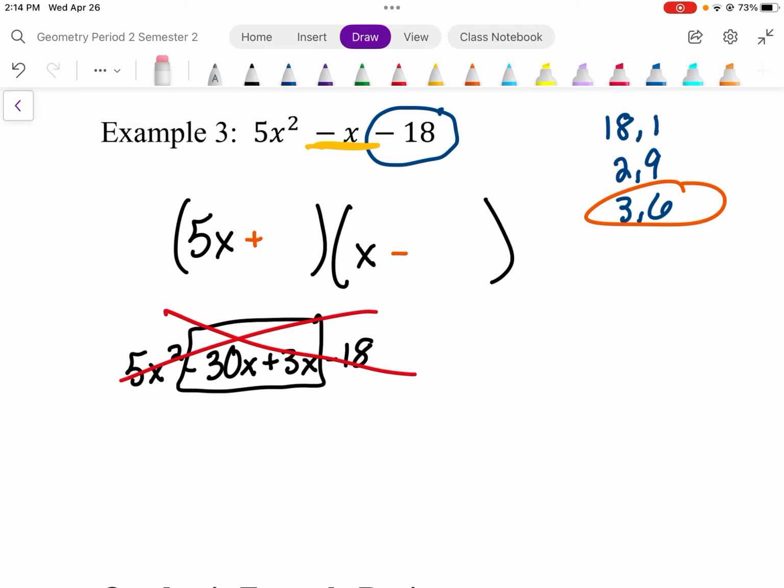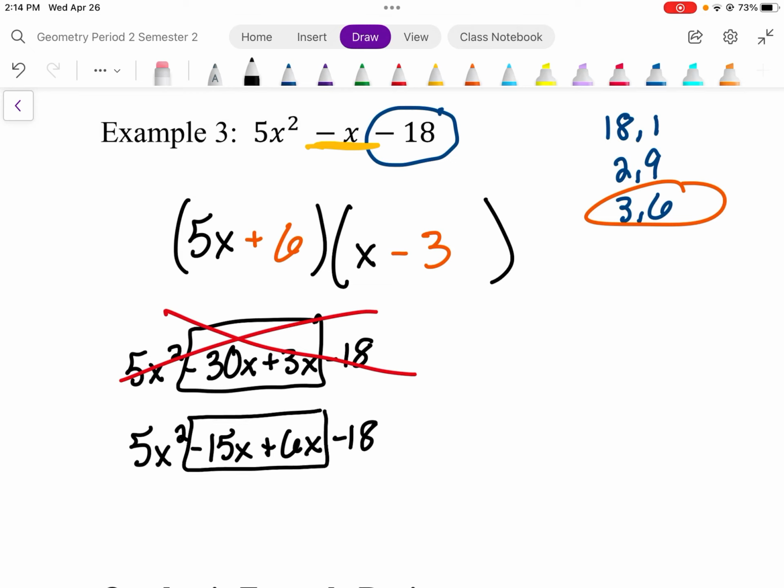We could try switching our numbers around. So we would have a 6 and a 3 there. When we distribute here, we would have a 5x squared minus 15x plus 6x minus 18. Kind of close, but not quite. This time, instead of switching to a different one, let's try switching the signs.